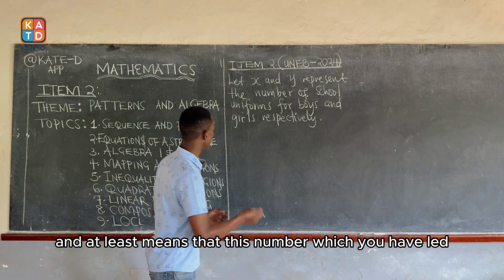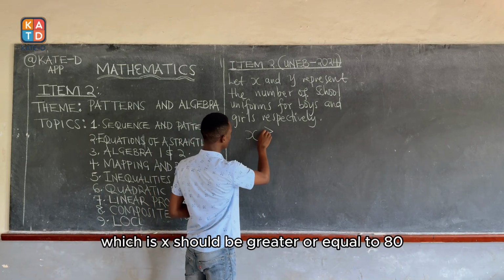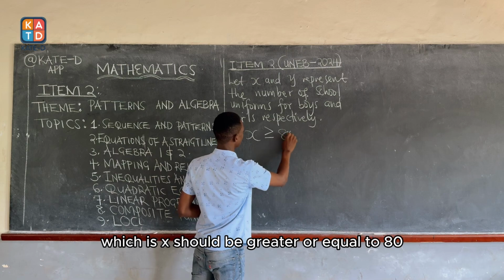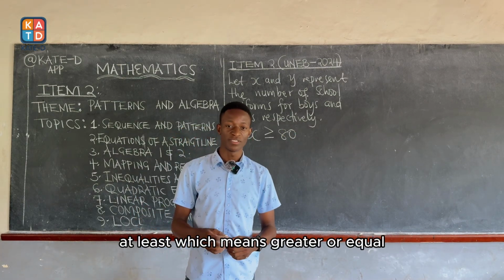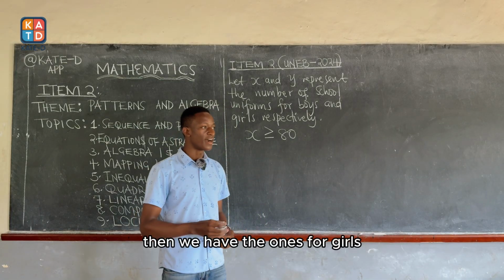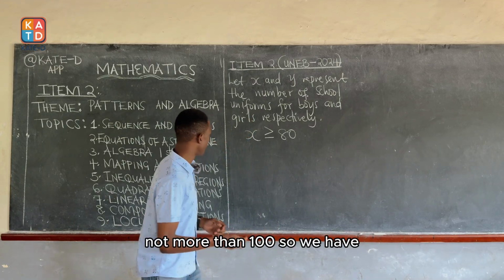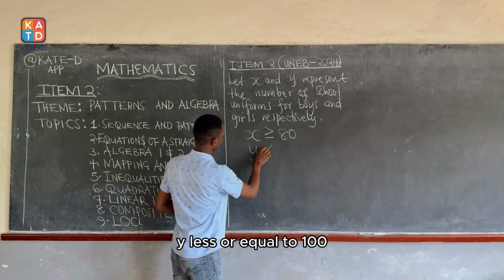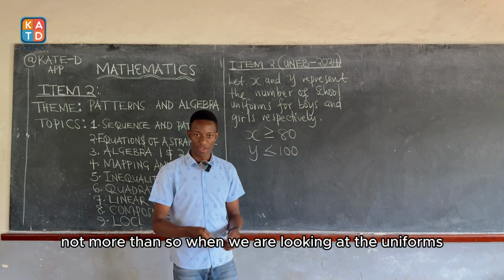And at least means that this number which we have let, which is x, should be greater or equal to 80. Then we have the ones for girls shouldn't be more than 100. So we have y less or equal to 100, not more than.